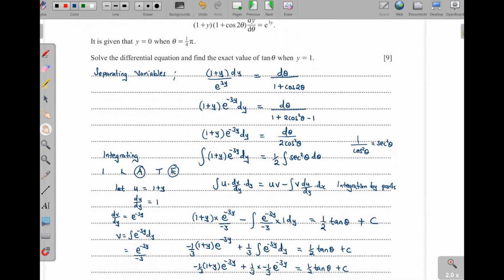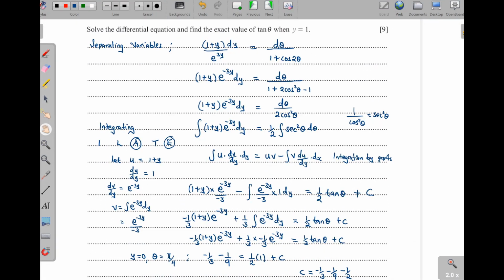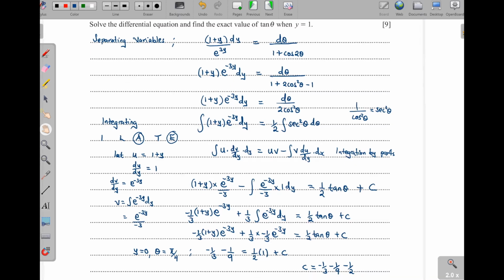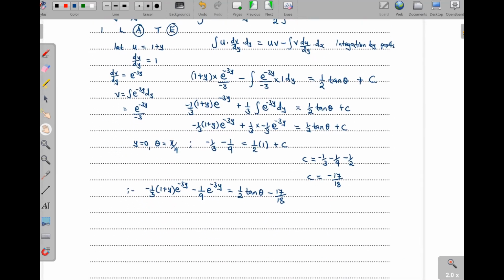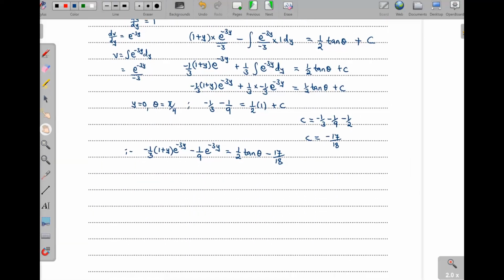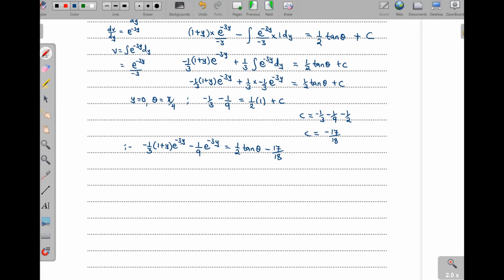They told us to find the exact value of tan theta when y is equal to 1. So when y is equal to 1, what will be our tan theta? So for y is equal to 1, here you will have a 2, not so? That means we shall have negative 2 over 3, then e to the power of negative what?